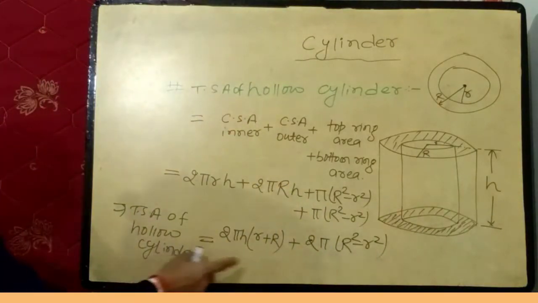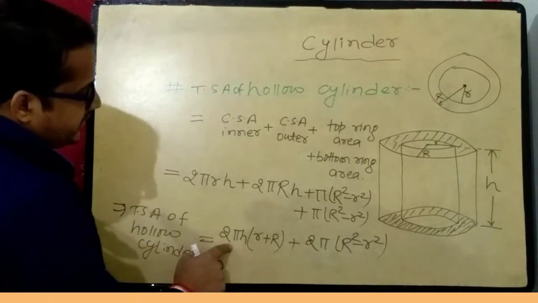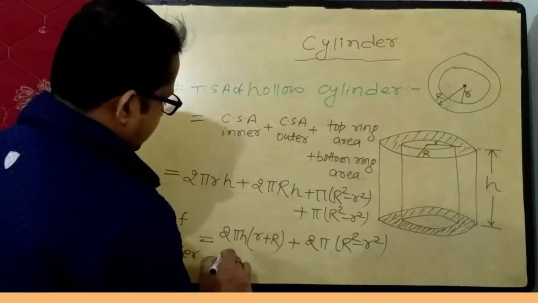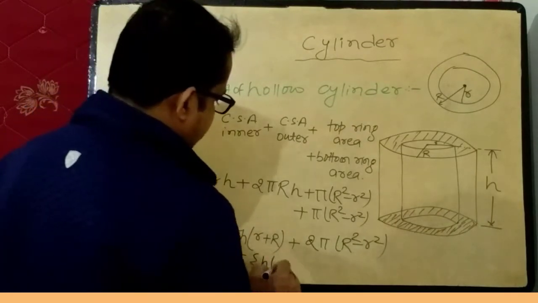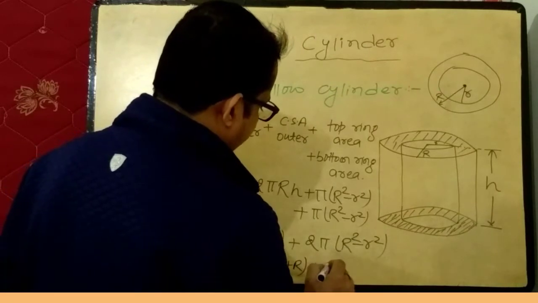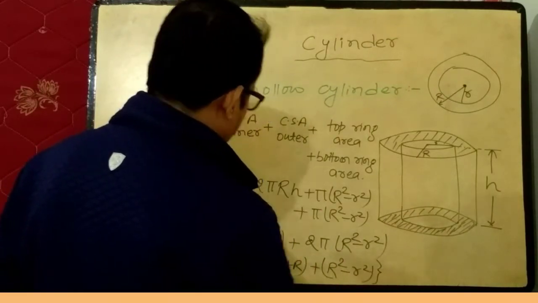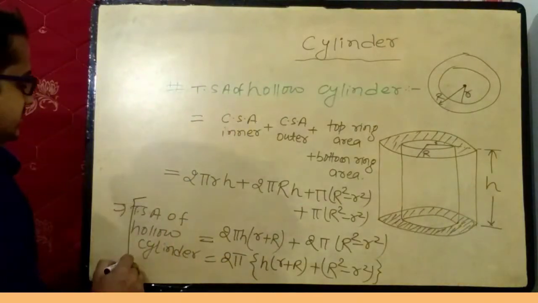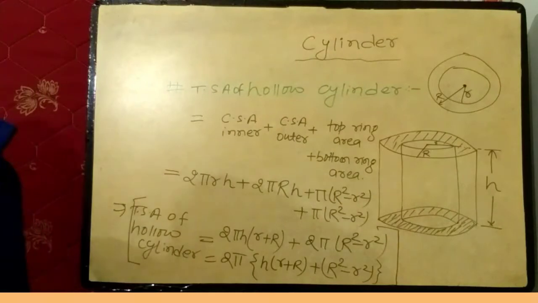Now if you wish, you can also take 2 pi as common. You will get 2 pi bracket h into small r add up capital R, add up capital R square minus small r square. This is the TSA of this hollow cylinder.